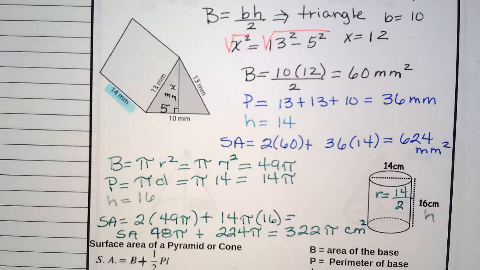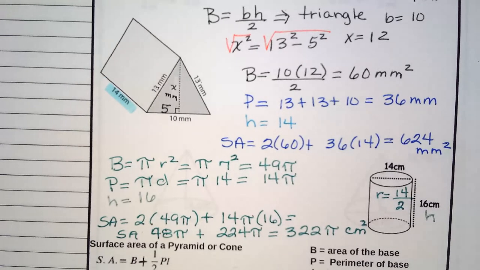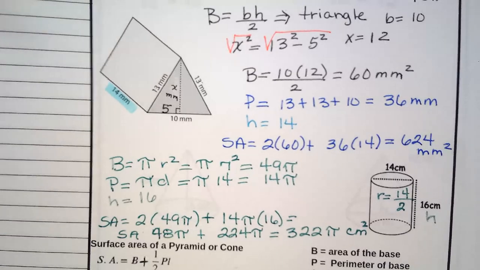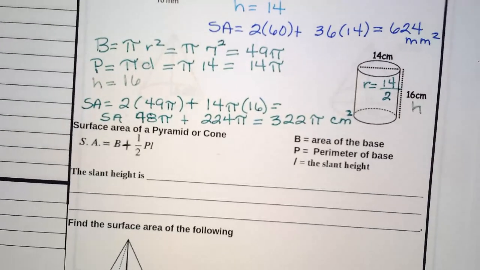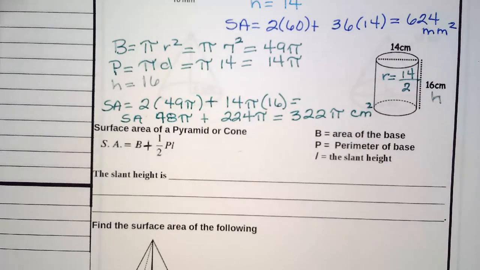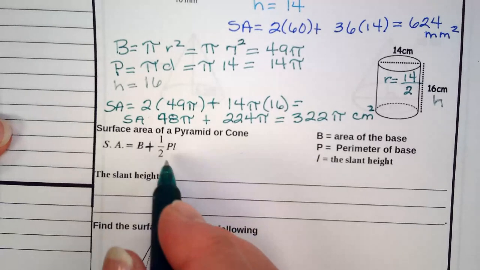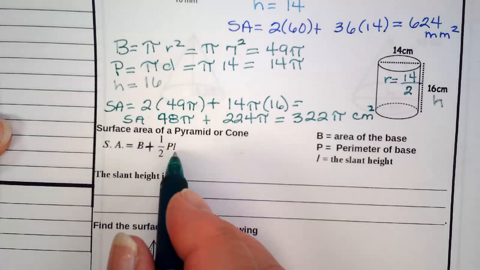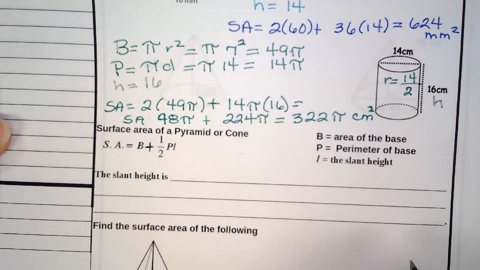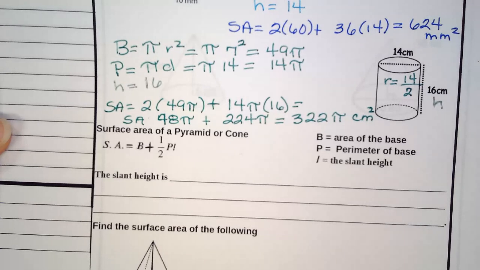Okay, now this brings us down to the surface area of a pyramid or cone. The surface area of a pyramid or cone is found exactly the same way. You've only got one base, so it's your base area plus 1/2 of your perimeter times your slant height. But what is the slant height?